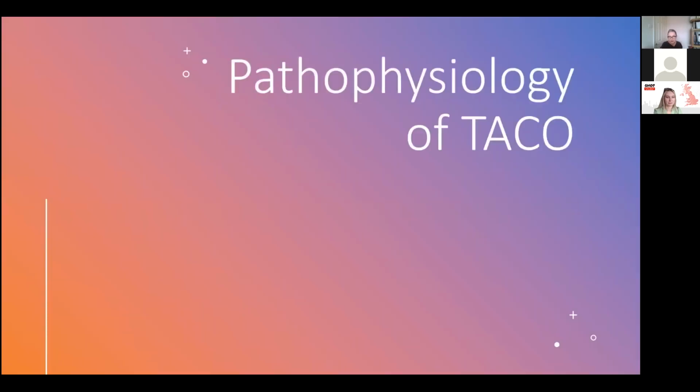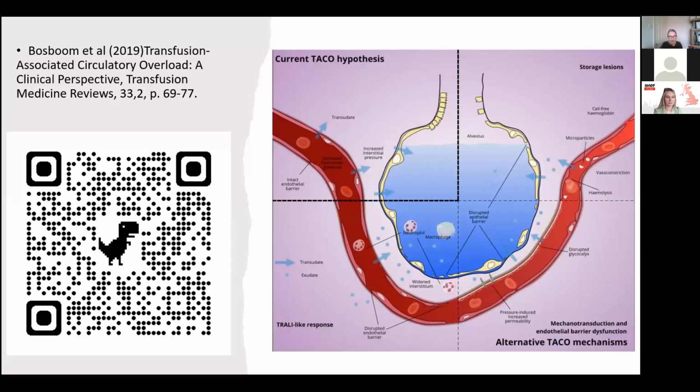So the pathophysiology of TACO is complicated and a subject of much research, and I think this diagram by Bosboom and colleagues is quite helpful to illustrate that. So if we start in the top left-hand corner, this is the current TACO hypothesis, the traditional model, if you like.